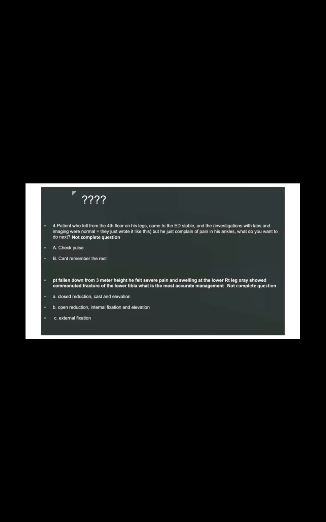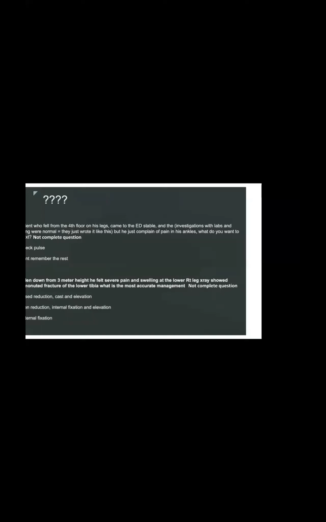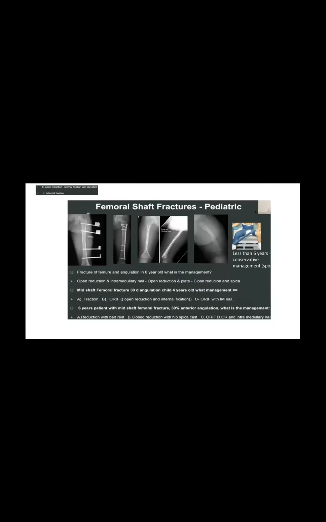With a comminuted fracture of the lower tibia, you can't do closed reduction, and you can't do internal fixation first. We have to do external fixation first because it's a comminuted fracture. This is how they ask in the exam question. Just remember, comminuted fracture means I have to do external fixation first.